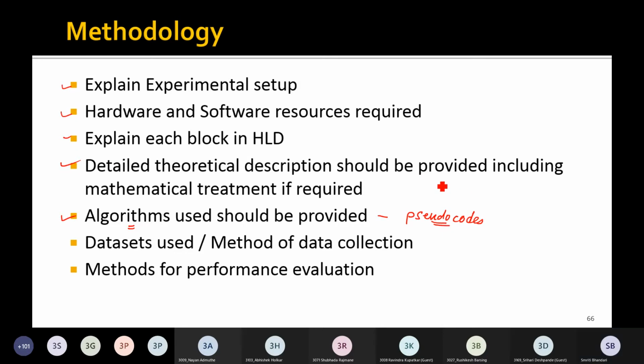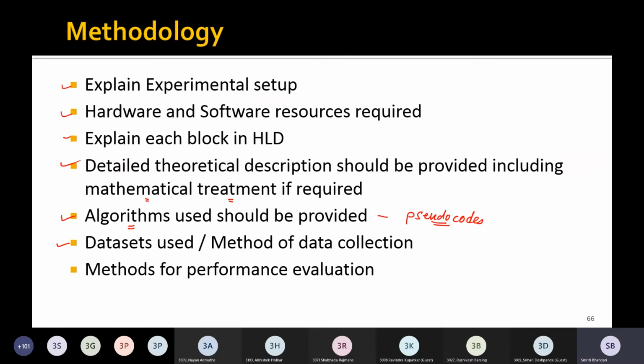If you need to undergo some mathematical treatment, then that also needs to be mentioned. Any mathematical expressions you need to implement, explain everything. Then the data sets used and the method of data collection need to be provided.